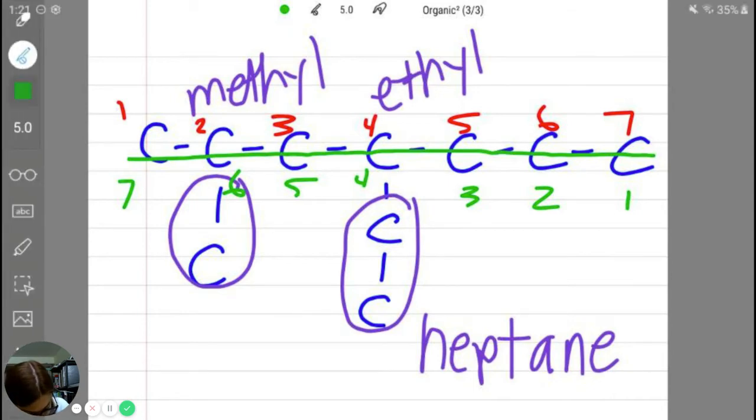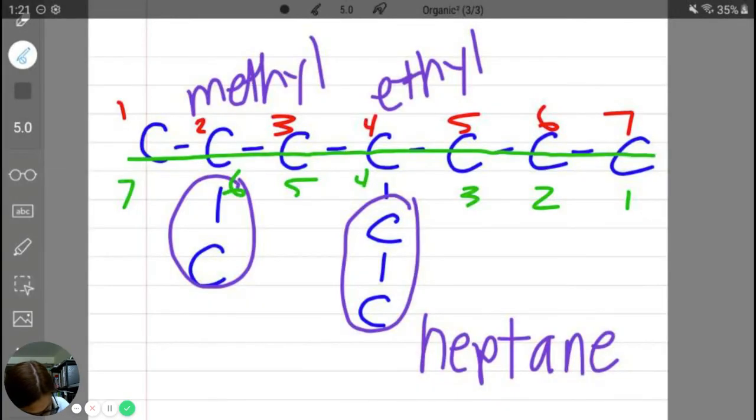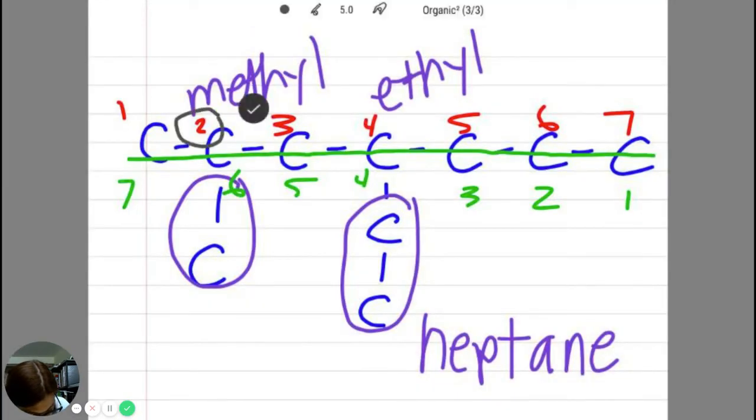So my option here is that I could have, let's see, do we have a yellow? We do not. Let's do the gray. We can have 2 and 4 as my numbers that go inside my official name, or I could have 4 and 6. Now, I cannot pick from both number systems.